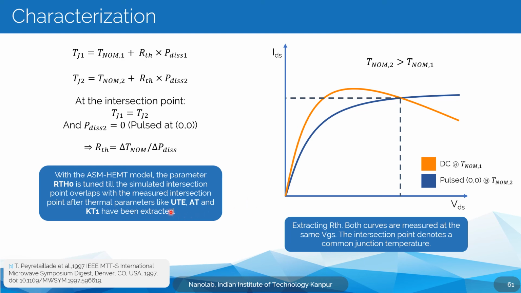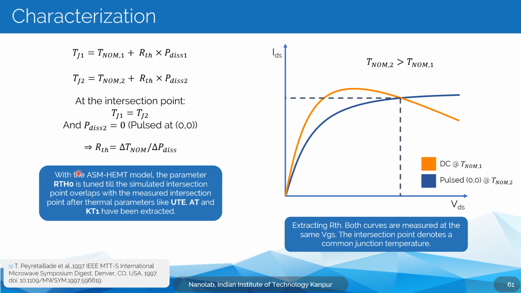Then after extracting the model at 25, you fit the other temperatures by doing a temperature model extraction, which we discussed earlier. Once the model has been extracted for different temperatures, the last step is to have the model at these bias conditions and to tune RTH0 till the simulated curves and the measured curves of the DC component overlap. Once you're done with that, you have a number for RTH0. So that's basically your thermal resistance. That's how it's extracted.